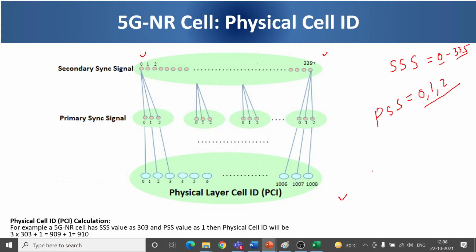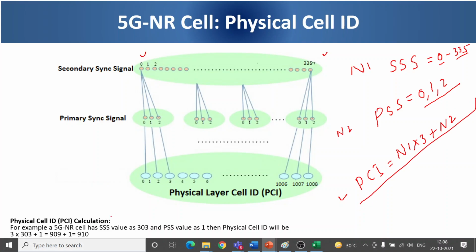How does it calculate? This is your N1, this is your N2. So the cell ID, that is the physical cell ID, is N1 into 3 plus N2. Let us take one example.